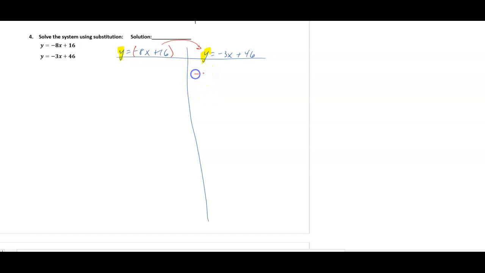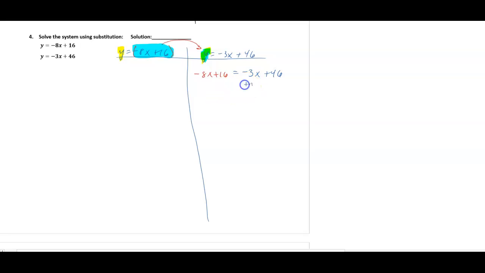So I'm going to say negative 8x plus 16 is equal to negative 3x plus 46. So all I did was take this value of y and plugged it in here. So now I can go ahead and solve for x.